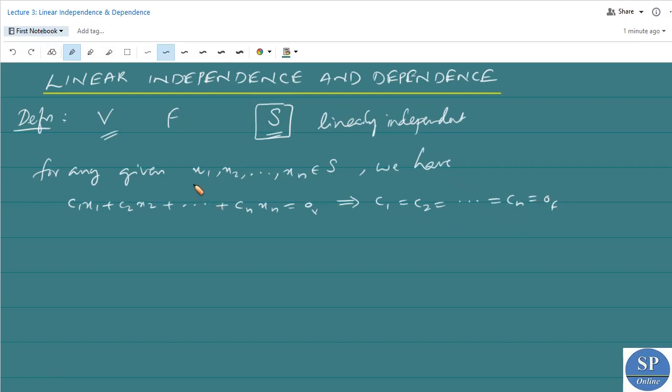That is, if this linear combination of these vectors is equal to 0, then these scalars are zeros.